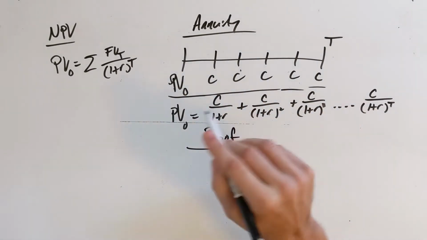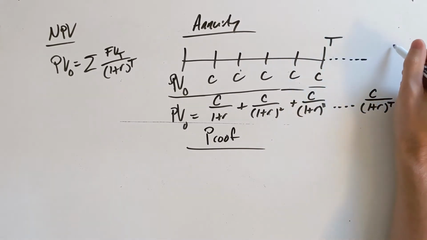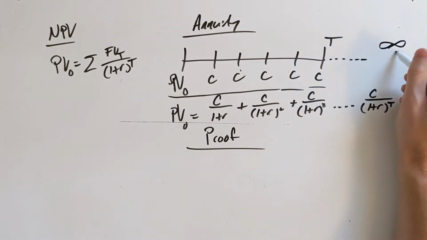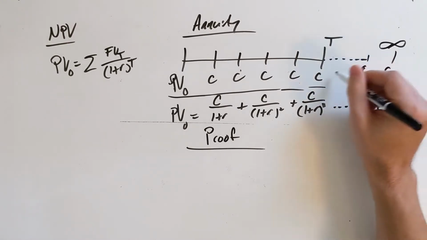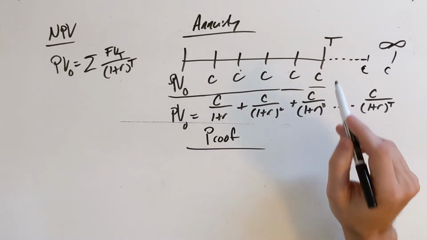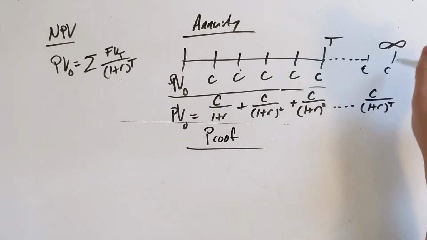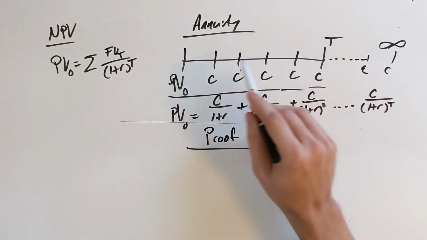If we were looking at a perpetuity, this stream of cash flows would go on forever, out to infinity. Well, what if we could find a way to chop off this tail end value from the perpetuity?